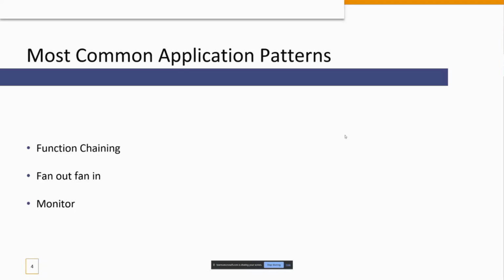There are a total of 6 different application patterns that Microsoft highlights in their documentation. Obviously, given the time today, I will not be diving into all 6 of them, but I will be highlighting some of them, especially because I think it showcases the flexibility that durable functions can offer, which is really important.